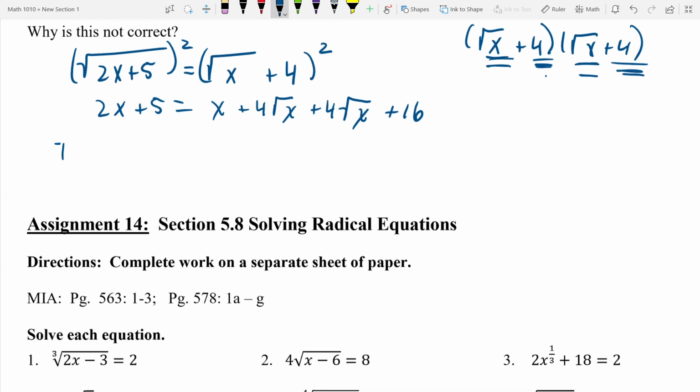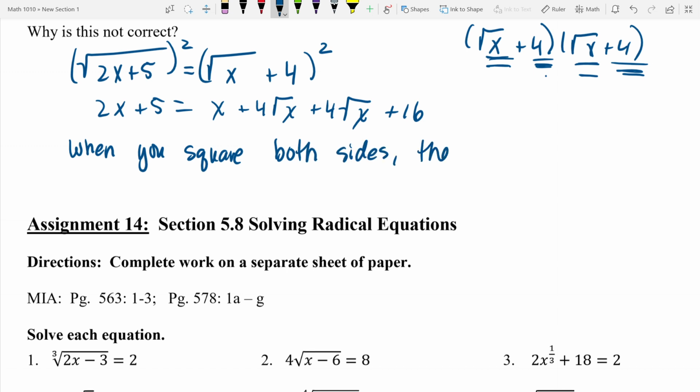I would say, let me see it this way. When you square both sides, comma, the right side is a binomial.